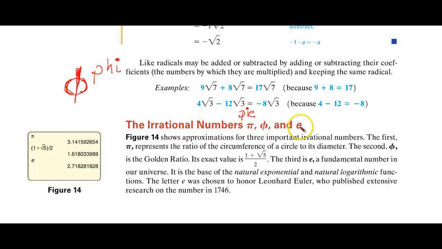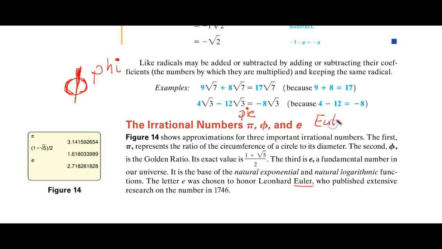And then this is just E. And that was the Euler's that we had talked about before. Okay, and there it is right there.